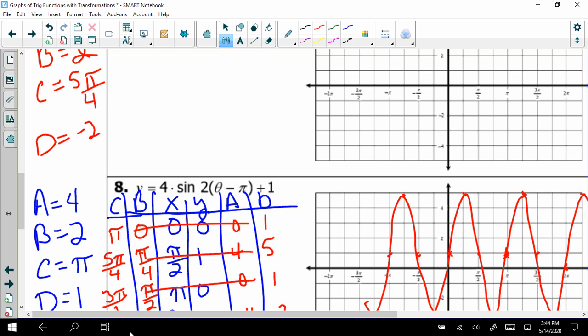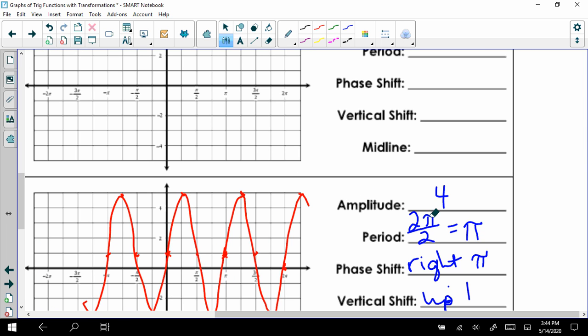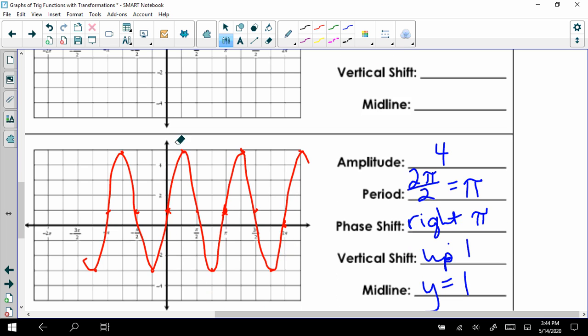Here's what I want to talk about. When my B was 2, for the period, I did 2 pi over 2 because 2 pi is the parent function. I'm splitting that in half. Do you see how I split it in half? I'm completing 2 complete cycles in the amount of space I normally would have completed 1.